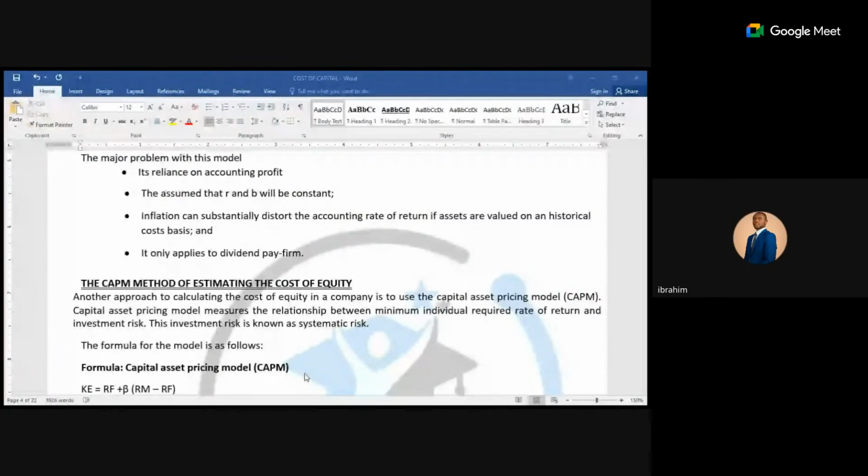Thank you, that is a very good one. Capital appreciation means increase in the market price. Babalola is expecting something from his investment. That is minimum required. And then investment risk.